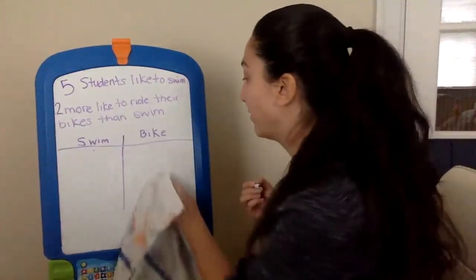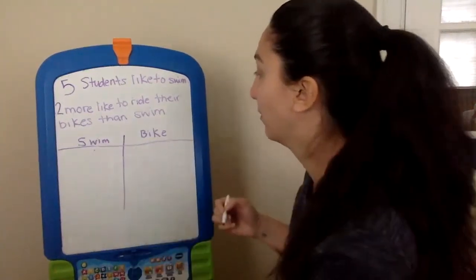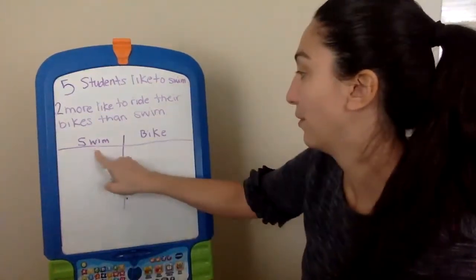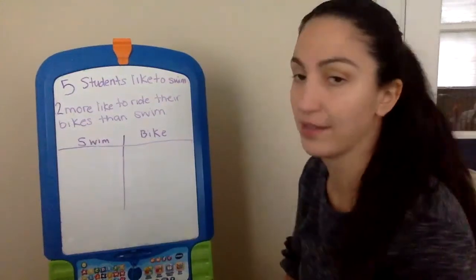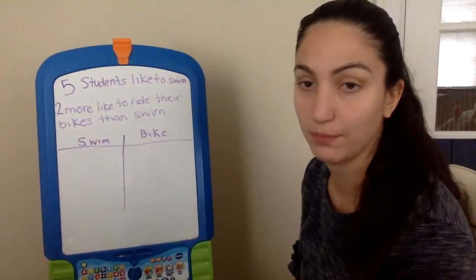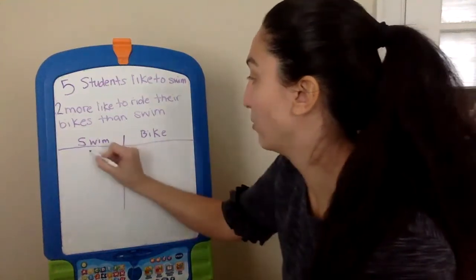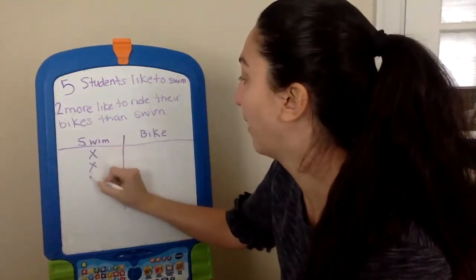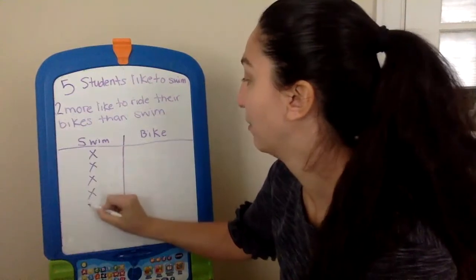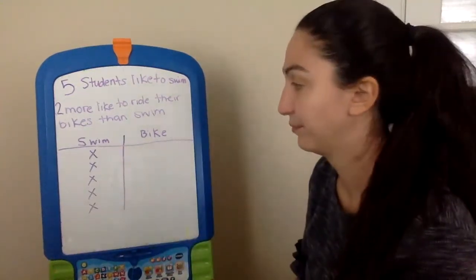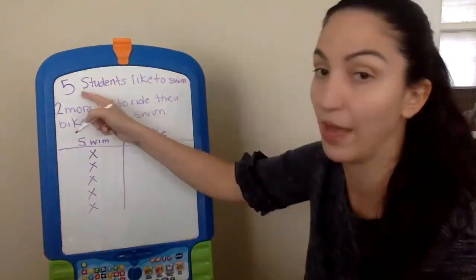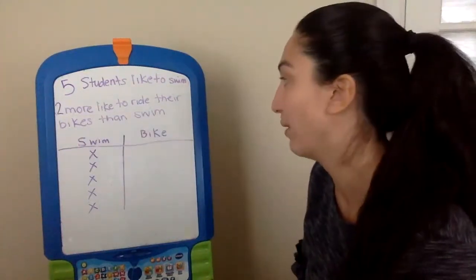So I want you guys on your piece of paper to put the number of X's that go with swim. Okay, so you should be putting 5 X's. Right, because we know that 5 students like to swim.